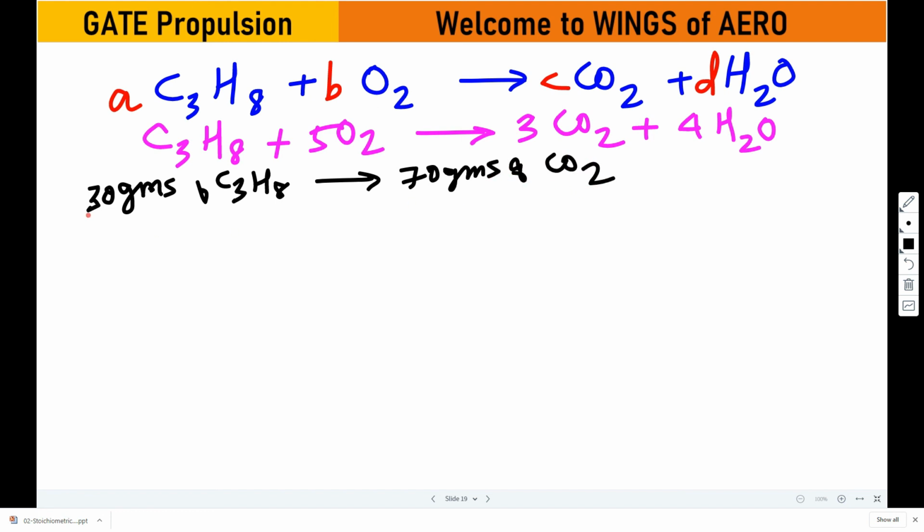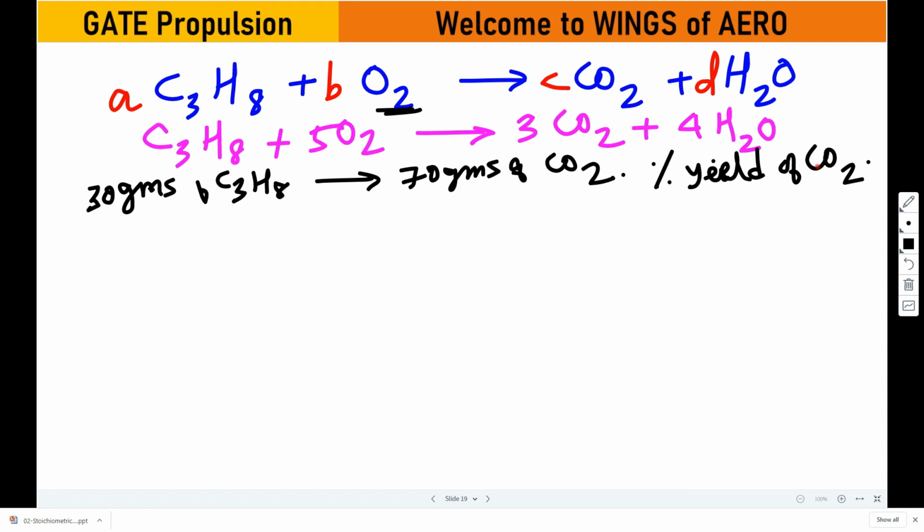When the 30 grams of C3H8 burns in the air, whatever amount of air, it will give 70 grams of CO2. Now from here we need to find out the percentage of yield of CO2.